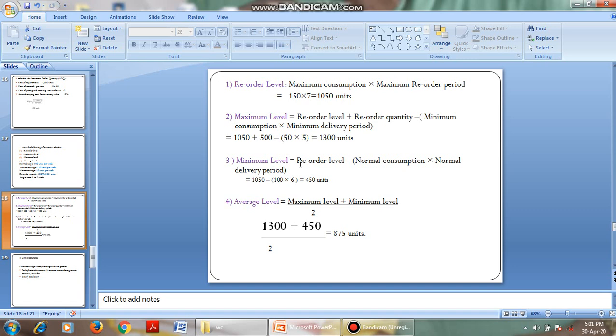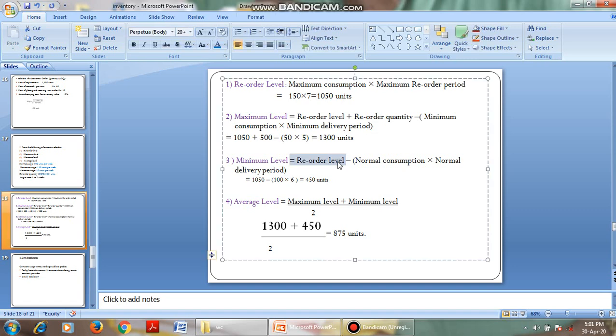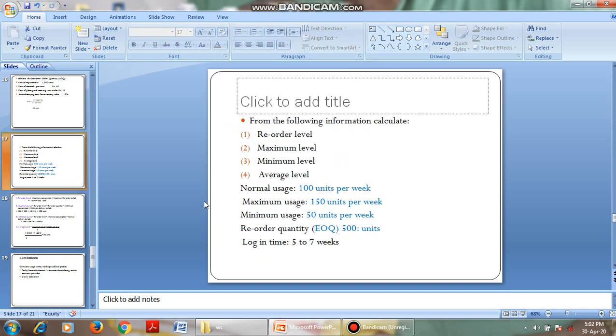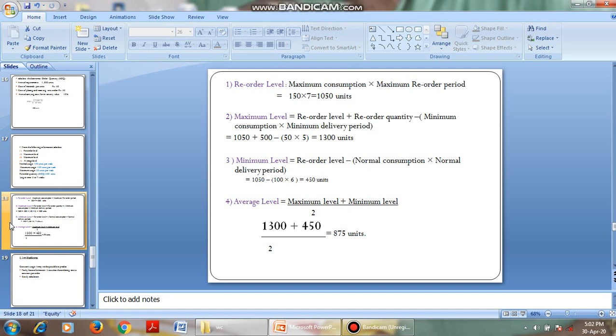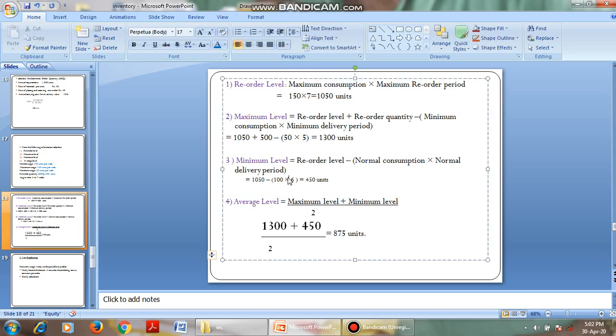The minimum level is equal to reorder level minus normal consumption into normal delivery period, that is 1050 minus normal consumption, which is 100, into 6, the normal delivery period.